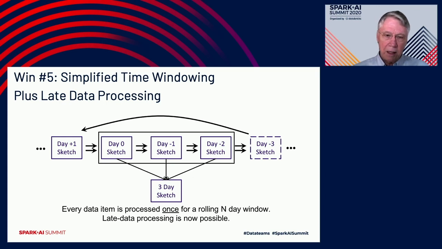Unlike the exact case, we have a huge speed advantage. So even though you have 30 days or 400 days or whatever in your window, each item coming in is only processed once, and so the only thing that goes on during the summary is the merging of the sketches across that window.